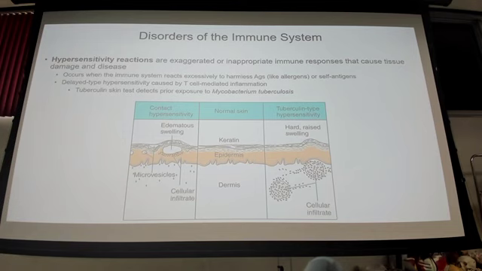And if that person has encountered Mycobacterium tuberculosis before, they have a cell-mediated response to that, and you get localized inflammation in that area. It's not a big problem. It's not going to cause any significant pathology, but because it's a delayed hypersensitivity reaction, that person is asked to come back 48, 72 hours later so that hypersensitivity reaction can be read.